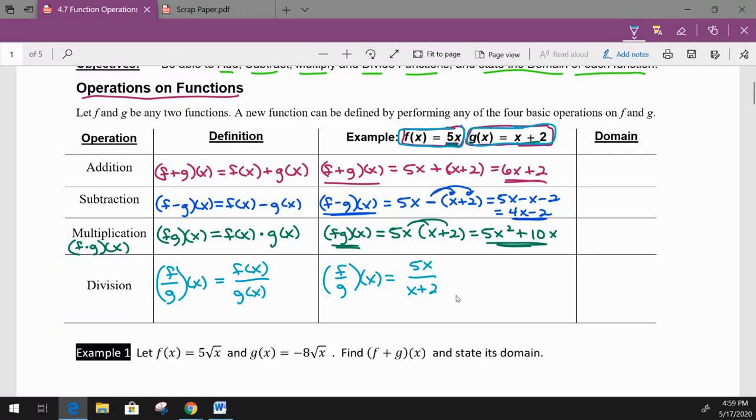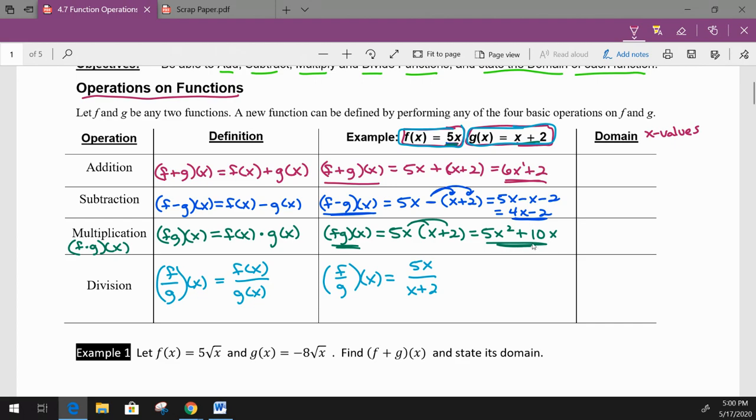But one thing now I want to talk about is the domain. The domain represents your x values. So what can or cannot x be in this function? If you have a linear function, like the examples with adding and subtracting, these are linear functions because you have an x to the first power.